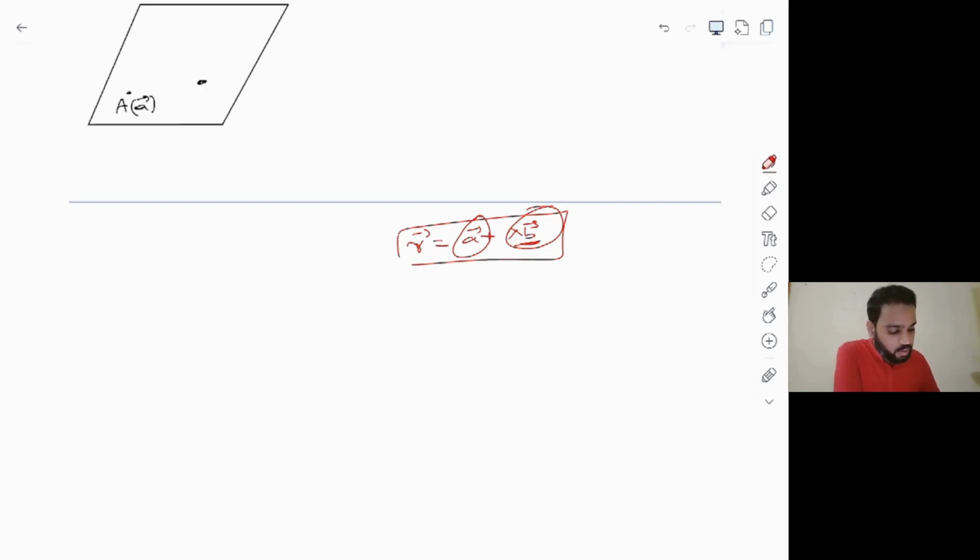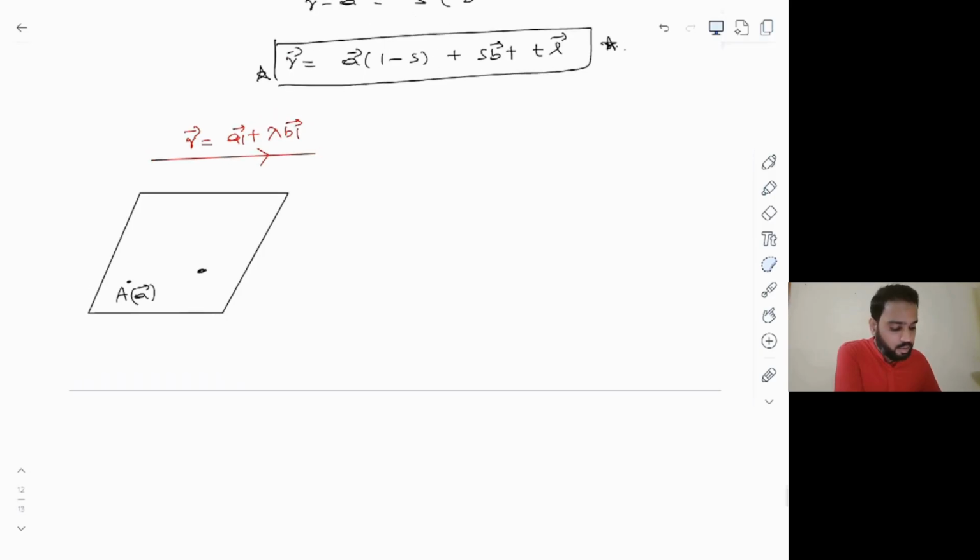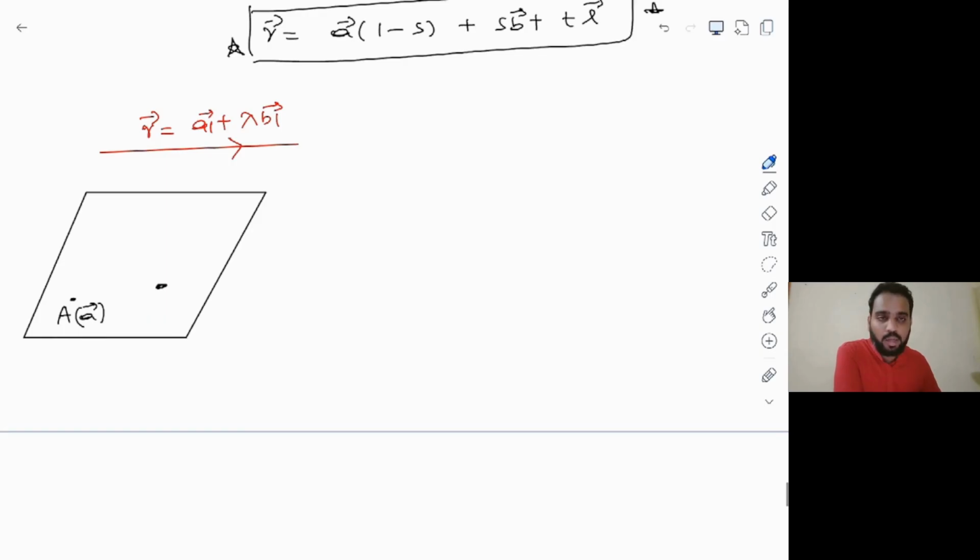So whatever is the coefficient of lambda here, that is going to give you the parallel vector. So based on that logic, this line over here is parallel to the vector B1 bar. Okay, so that's what you have to understand.